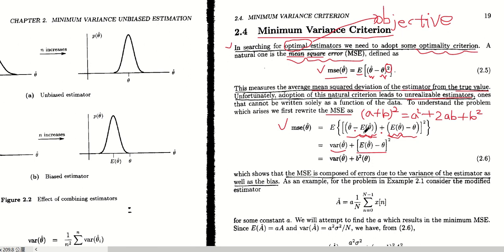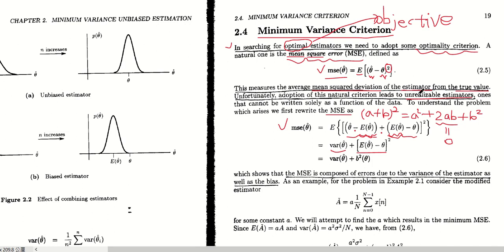So it's this term squared, plus 2 multiplied by this term and this term, and then b squared, which is this term squared. The square of this term comes to here, the square of that term goes to here, and the cross term is this minus this multiplied by this minus this. Take the expectation, and that power is 0. So the cross term is equal to 0. As a result, it disappears.